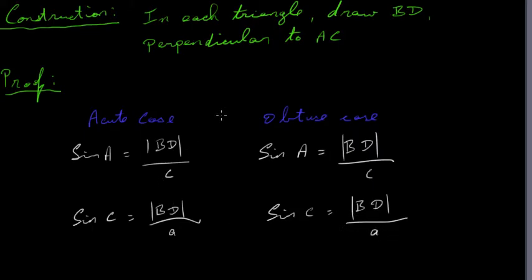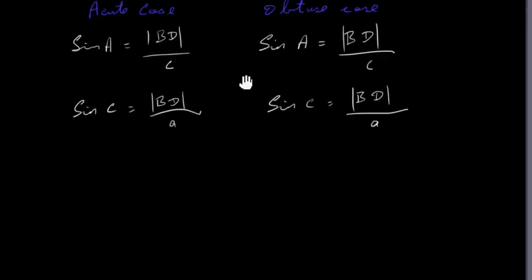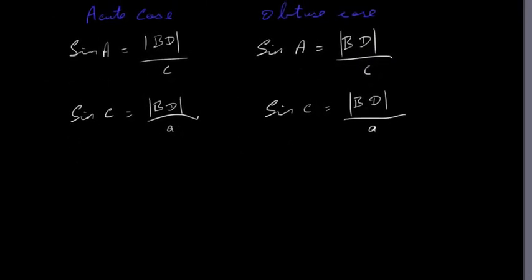Okay, so what I'm going to do now is just divide both of these equations. So you're going to divide this equation here by this equation here. So what you end up with is sine A over sine C. I'm going to take sine A over sine C, this equation divided by this equation.